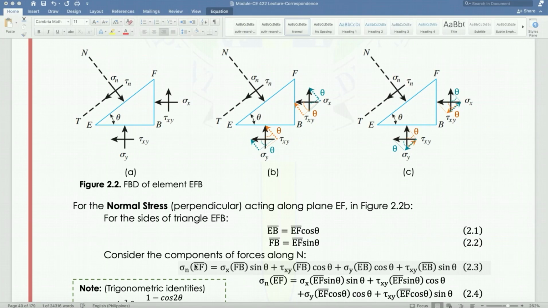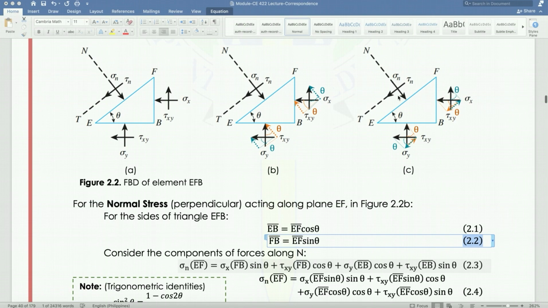So we have sigma n, the normal stress, times EF is equivalent to sigma x times EB cosine theta, which is sigma x times FB sine theta, plus shear tau xy. So that you won't be confused, although you can refer to the diagram, since for sigma x it is sine, then tau xy here would become cosine.